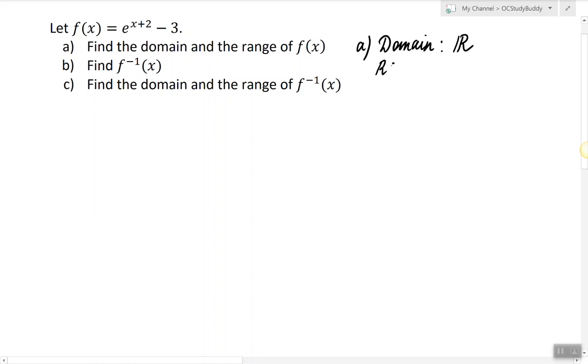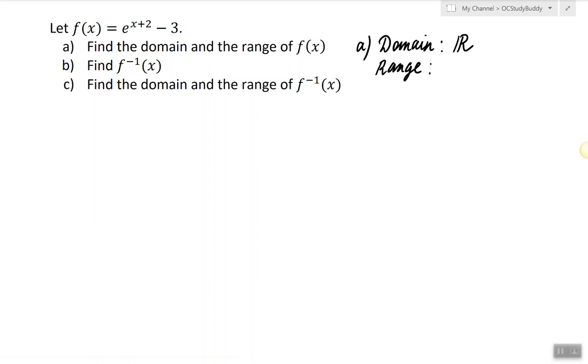Now to find the range, we have to recall that an exponential function has a horizontal asymptote: as x gets infinitely small, the function approaches 0. Now, when you apply linear transformations to the graph of a function, vertical transformations affect the horizontal asymptote.